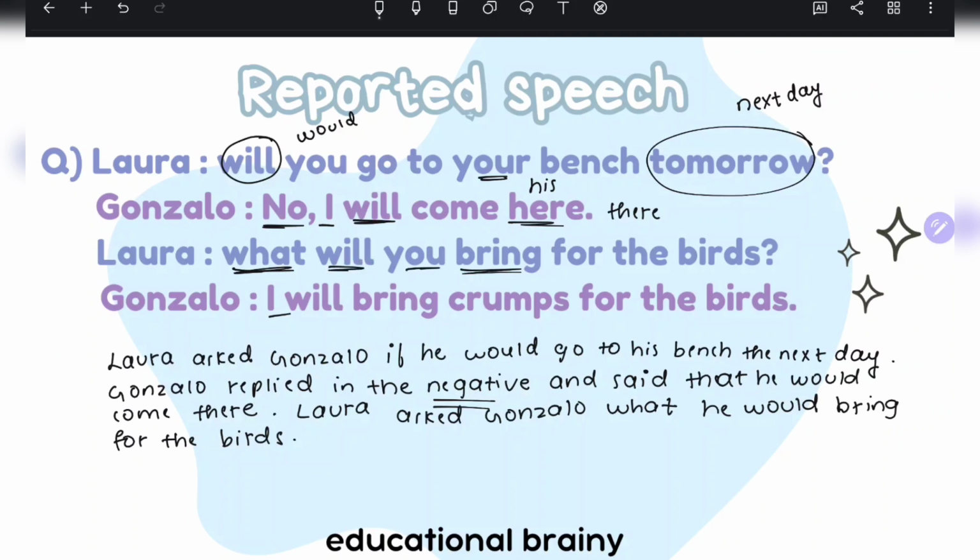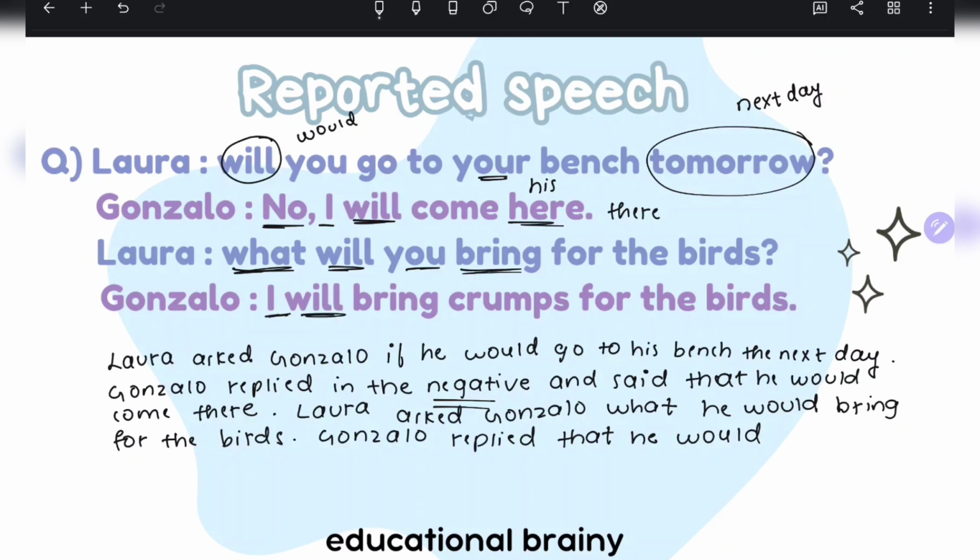So the next sentence: Gonzalo is again replying to Laura. So we have to write Gonzalo replied that. Here you can write "replied that". So stop using "that" in the wrong places, because there's a rule, and you will be losing marks. That he: "I will" changes to "he would".